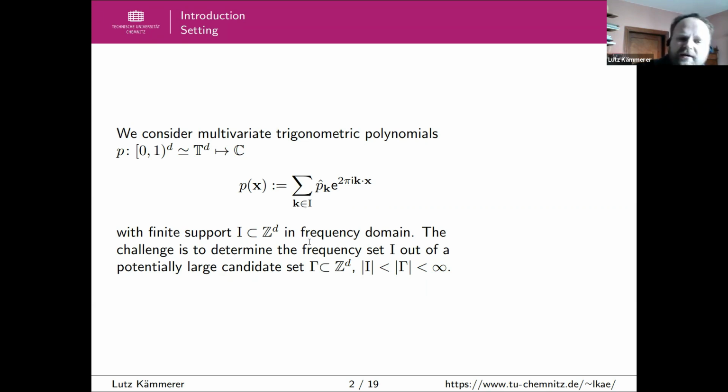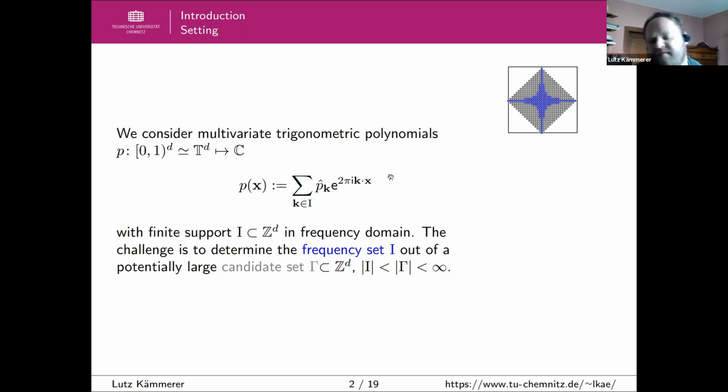And okay, your candidate set is not the full space of integer vectors. So this is a d-dimensional vector, right? It's not the full space of integer vectors. You have some, potentially large, candidate set Gamma where you know this I is in Gamma, but you do not know which of the k's in Gamma really belong to I, right?